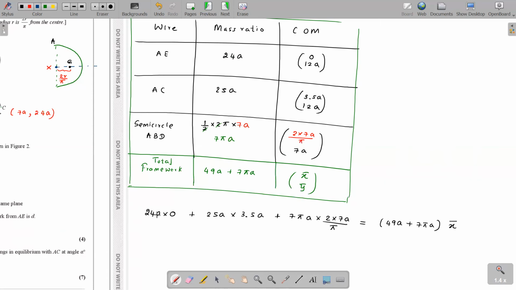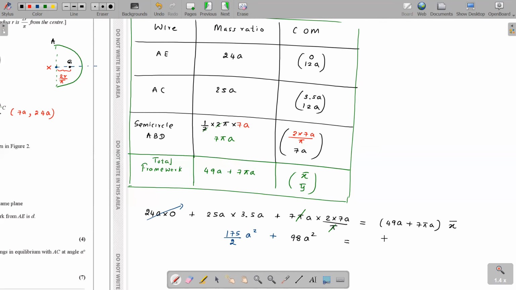Let's simplify. 24A into 0 is 0. And 25 into 3.5 is how much? 175 divided by 2, so 175 over 2 A square. Here the pi to pi will cancel, right? And what do you get here? 7 into 2 into 7 is 98A square.